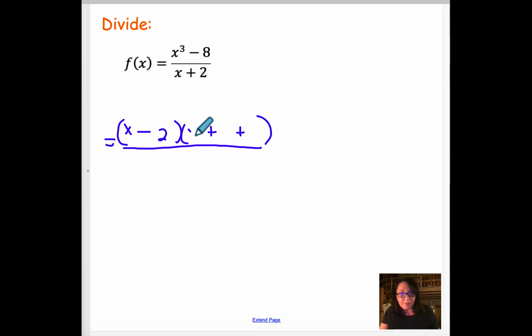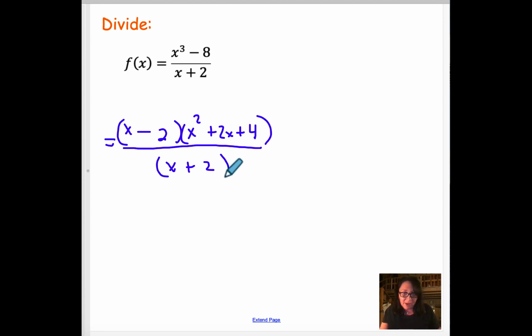But at the same time, the problem is you have to divide this. So you can either do long division, okay, which means x plus 2 here, and you go like this, right? And you're going to have x cubed, but you have no x squared, and you have no x, but you do have a -8. And so by doing long division, you're going to get the same thing as if I were to use synthetic division.